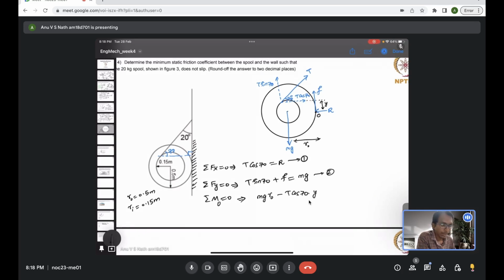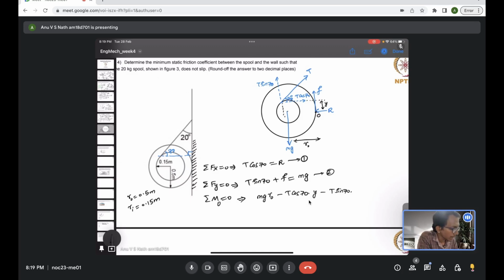And now T sin 70, which is also creating a clockwise moment. Its line of action is this, and that is not exactly passing through the center or centroid, so it is not exactly R outer, but a little bit more than R outer.